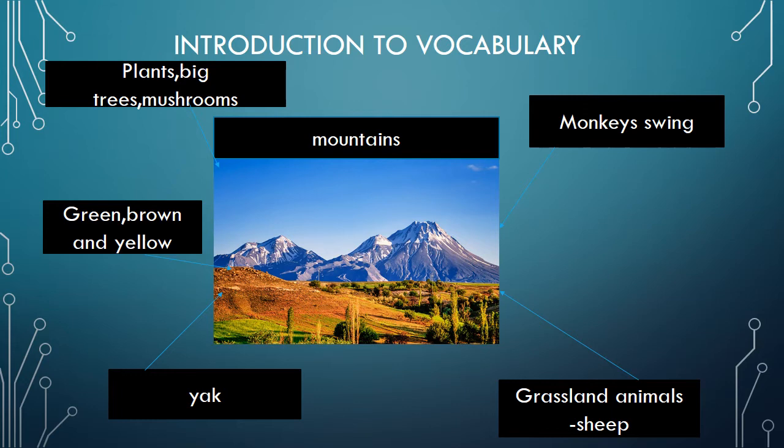Mountain is a home for grassland animals such as sheep, yak, and also there are monkeys swinging from one tree to another tree. So, mountains are home for animals and also plants.